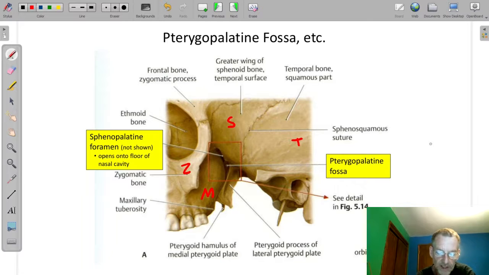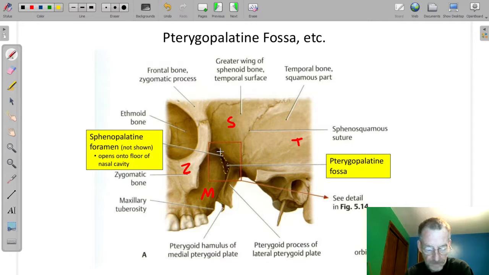So again, we're looking in this infratemporal fossa, and the box is going to be highlighted in the next slide. Deep in that box in this infratemporal fossa is the pterygopalatine fossa. We've already talked about that, kind of in this area. And deep in that area is the sphenopalatine foramen, which isn't shown in this illustration.